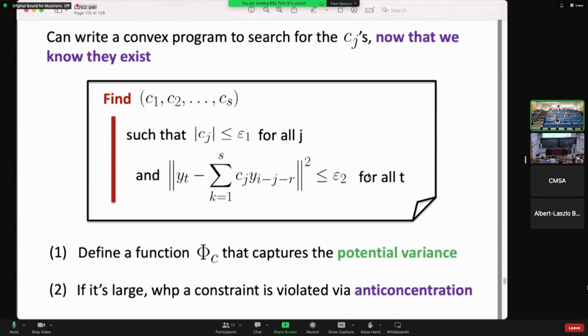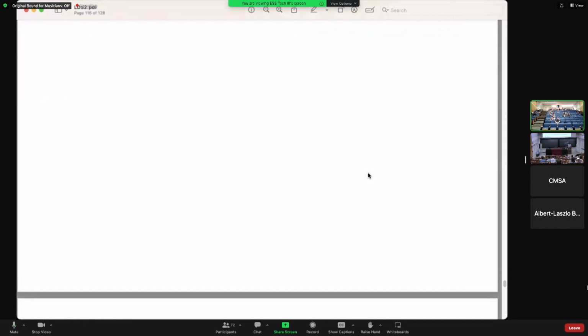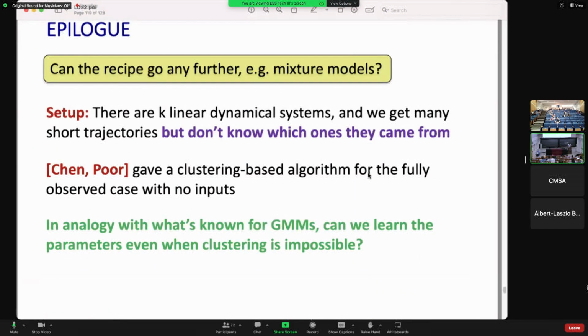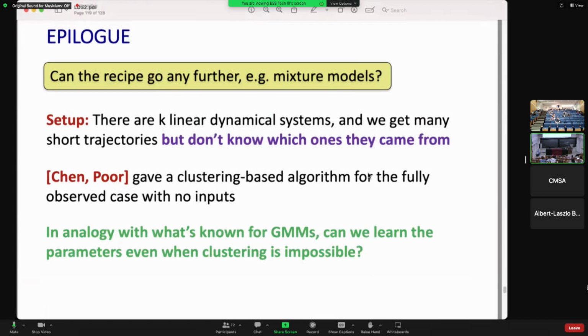So that's how the overall algorithm works: you can basically stabilize the moments. You can write down a convex program to combat the fact that the time series has very strong dependencies, because the same tools you use to stabilize a linear dynamical system, you can use to get better estimates of the underlying dynamics. So I'll briefly mention that what's kind of fun is that you can ask for this strategy to go even further.